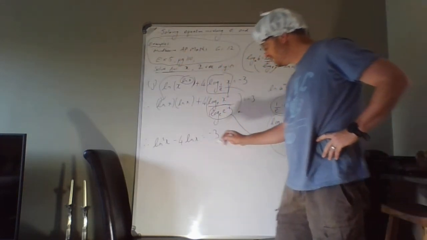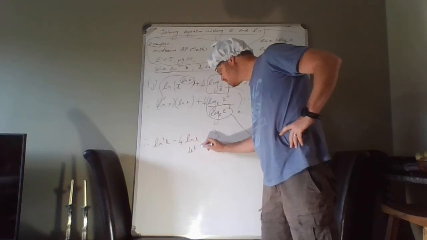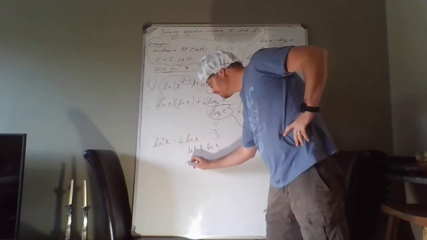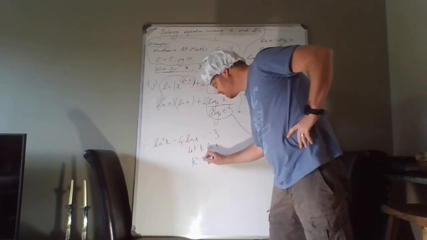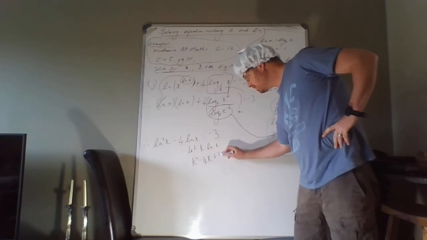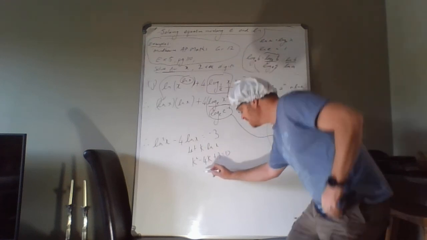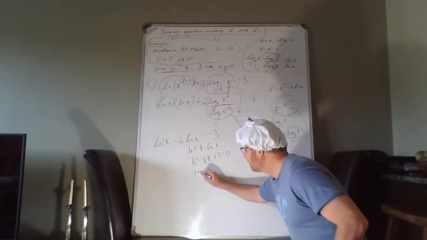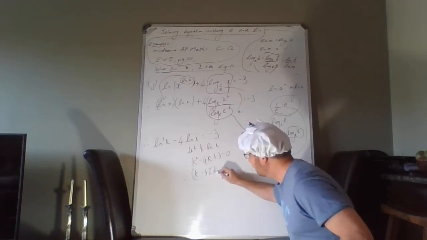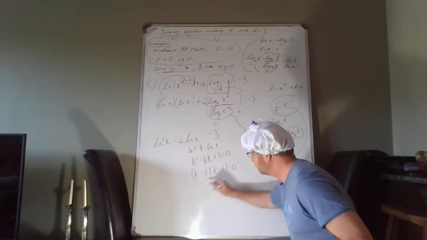So if I let k be equal to ln x, the equation becomes k squared minus 4k, move that across, plus 3 is equal to 0. Therefore k minus 3, k minus 1 is equal to 0.